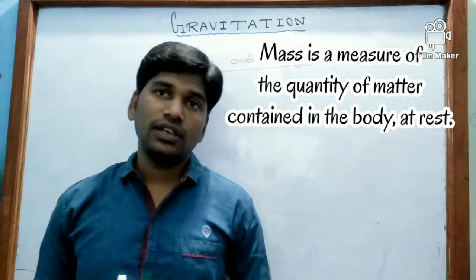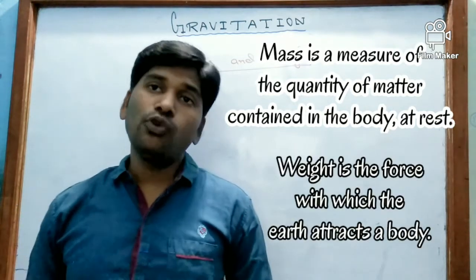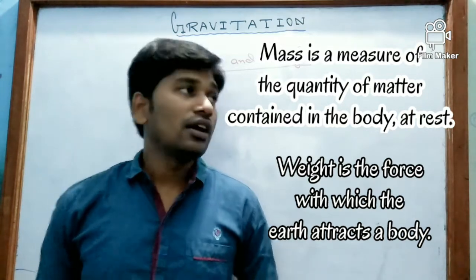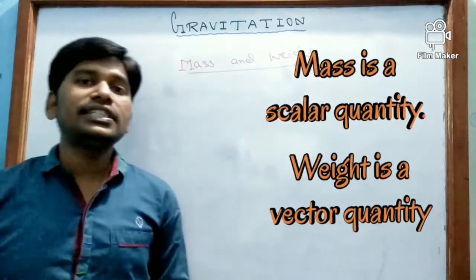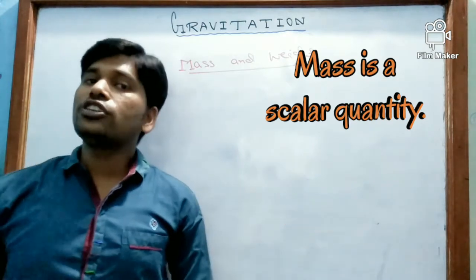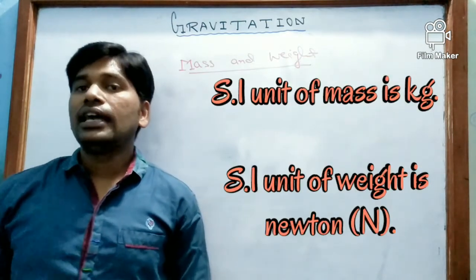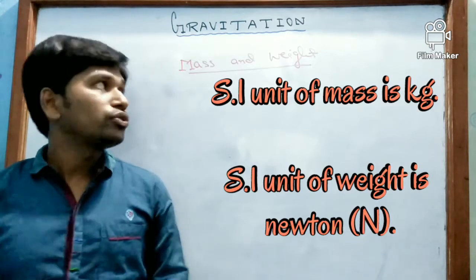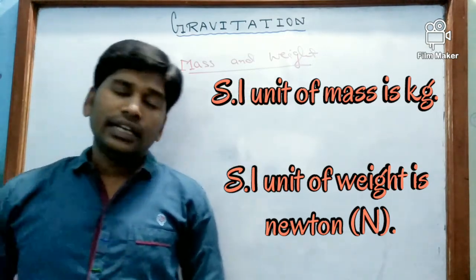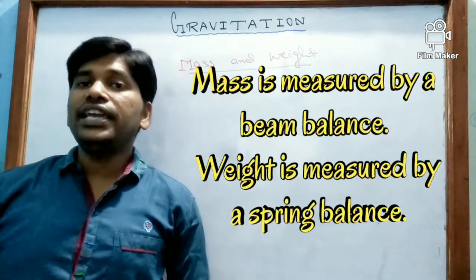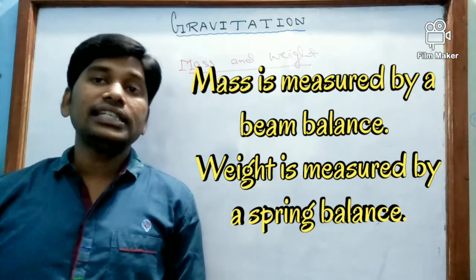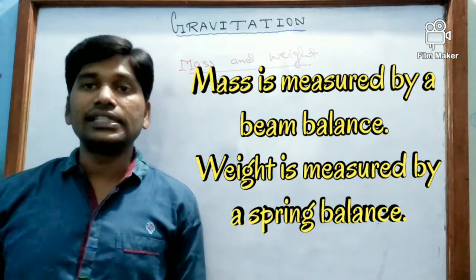Weight is the force with which the Earth attracts a body. Mass is a scalar quantity, weight is a vector quantity. The SI unit of mass is kilogram, the SI unit of weight is Newton. Mass is measured by a beam balance or physical balance, weight is measured by a spring balance.